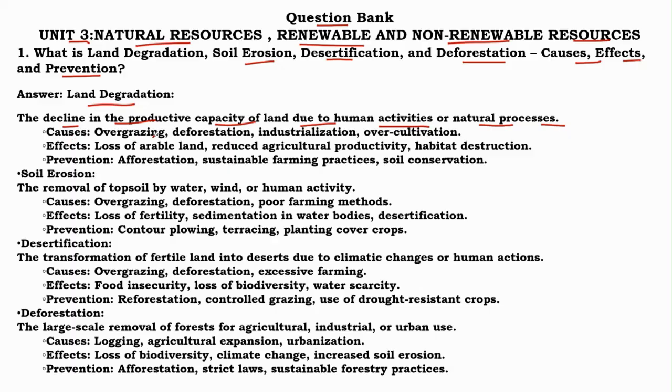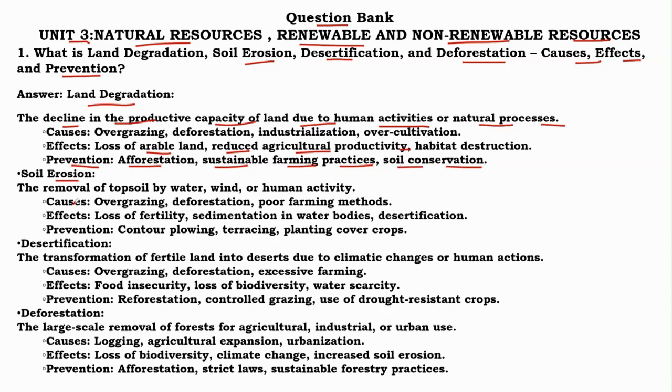Causes: overgrazing, deforestation, industrialization, overcultivation. Effects: loss of arable land, reduced agricultural productivity, habitat destruction. Prevention: afforestation, sustainable farming practices, soil conservation.